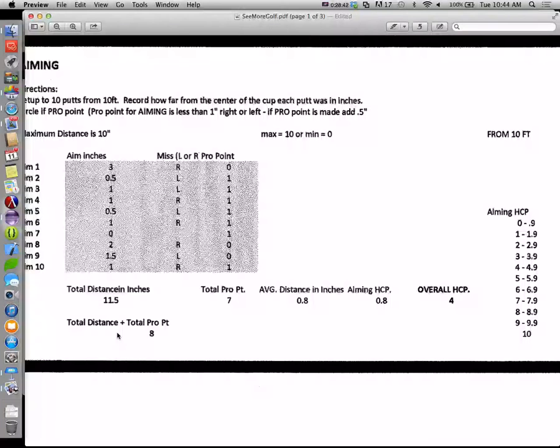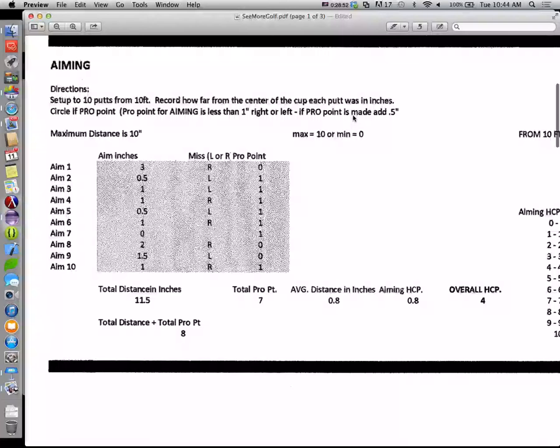So what are they talking about in the directions for add 0.5 inches? Is that ever... Three, 4, 5, 6, 7, 8, 9, 10, 11 and a half.